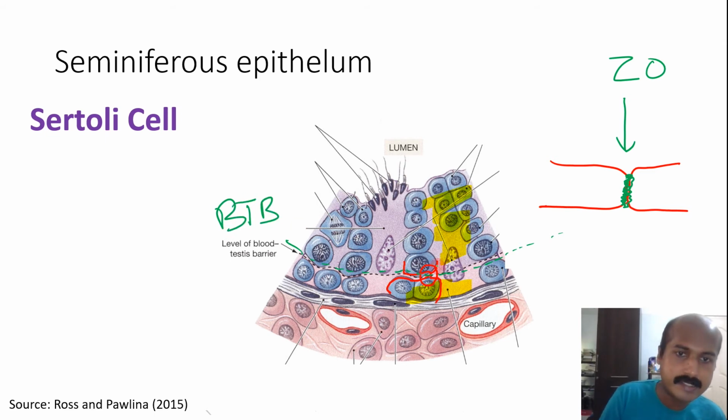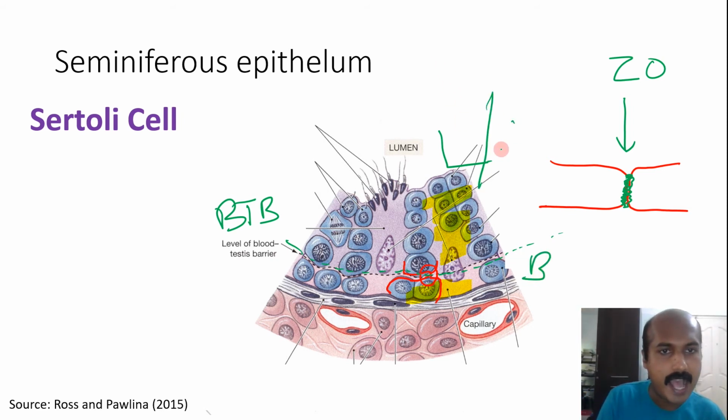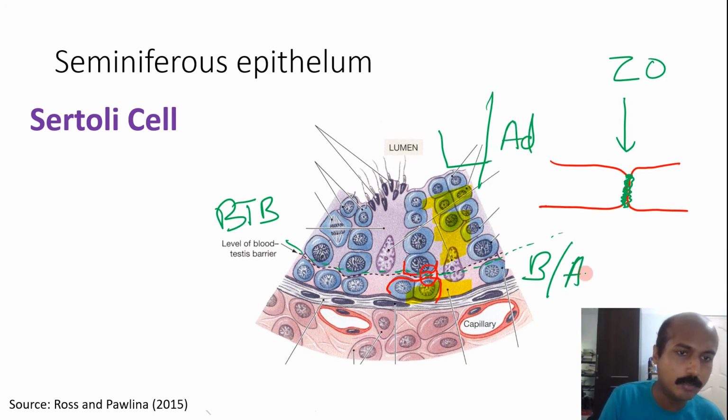So the blood testis barrier is delimiting the seminiferous epithelium into two territories. One territory is on the luminal aspect and another is on the basal aspect. You also have other terms for these. This is called the adluminal compartment, and this is called the abluminal compartment.